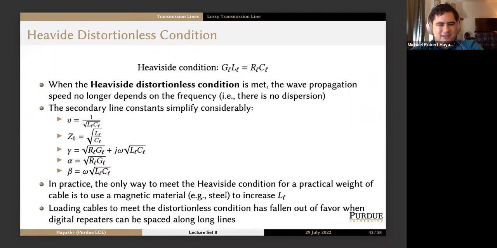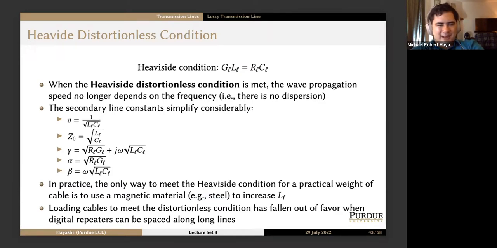And the best way to do that would be to use a magnetic material such as steel, if you want to have a practical weight of conductor. So they used to load lines with steel in order to meet this distortionless condition so that the early telegraph cables under the Atlantic Ocean wouldn't distort dots and dashes.